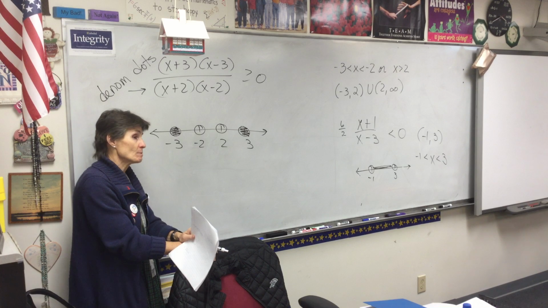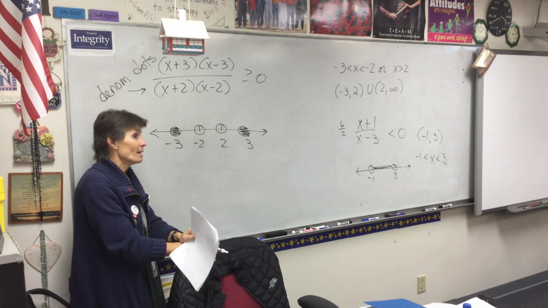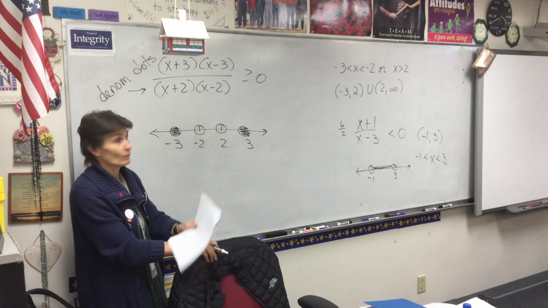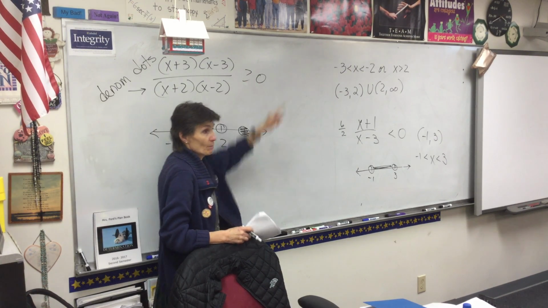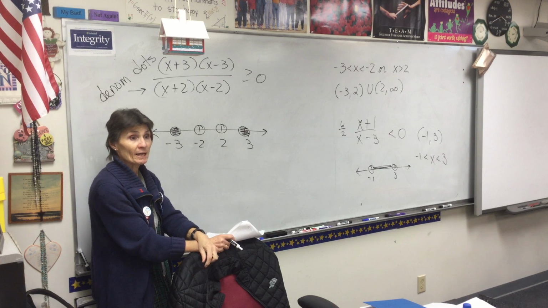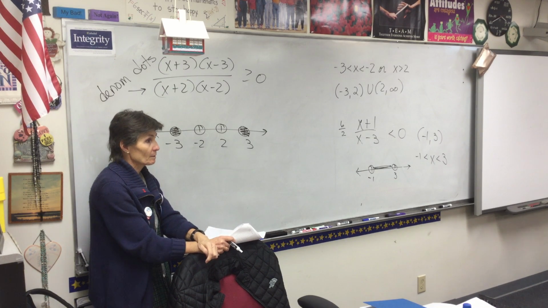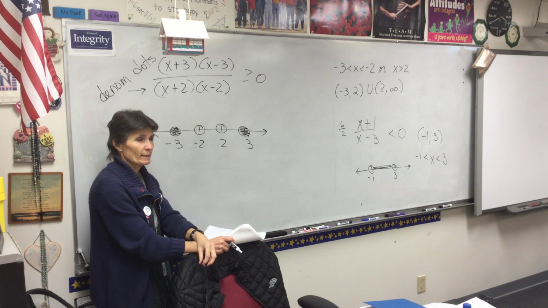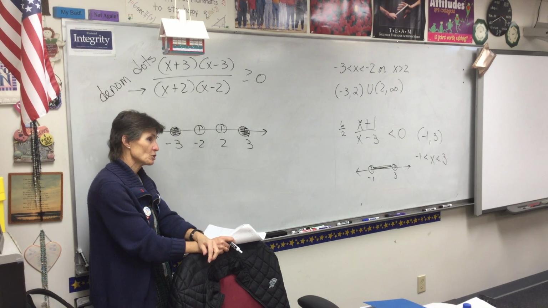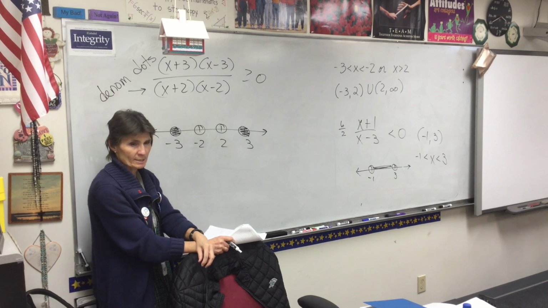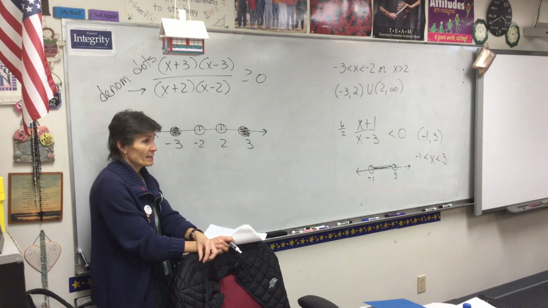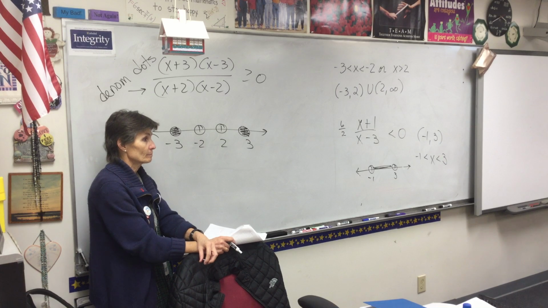Any dot that comes from the denominator must be open, because the denominator can never equal 0. The top can, but not the bottom. That's one of those tricky little things that might cost you a fraction of a point. So I don't want you losing sleep over it, but denominator dots are open.